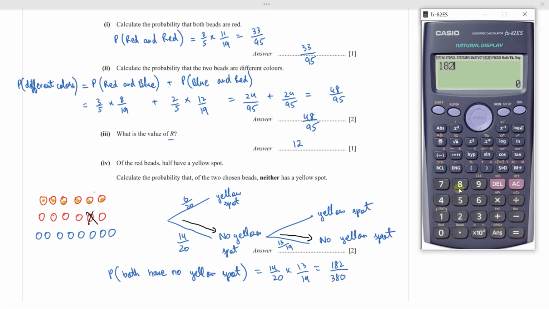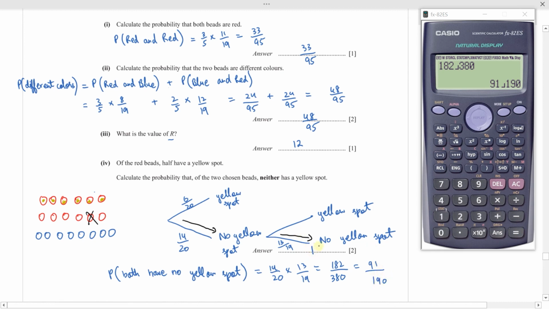So 182 over 380, you can simplify it, and I think you can divide both the numerator and the denominator by 2. You can take 2 out, so you'll get 91 over 190. So your answer here is 91 over 190. So this is your final answer. The probability that you chose 2 beads and neither has a yellow spot.